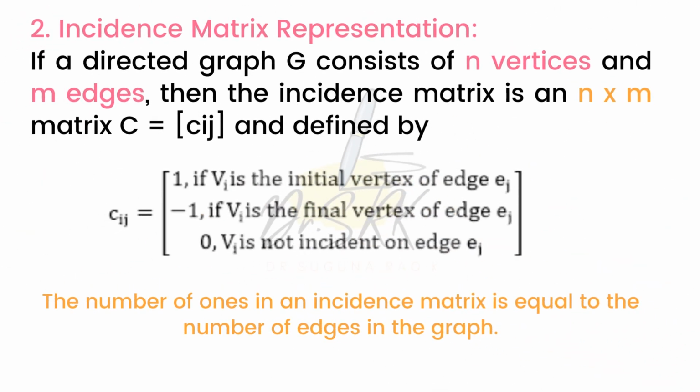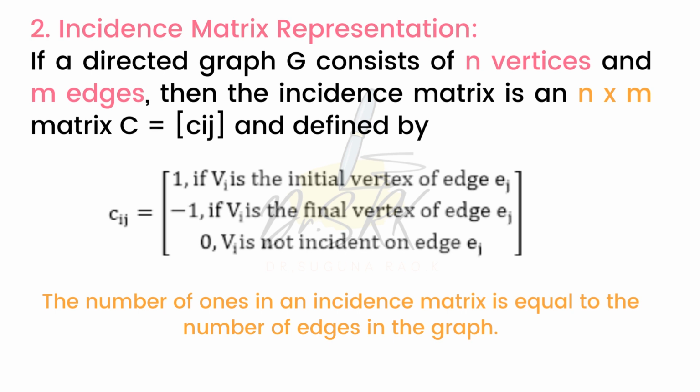Next, the second way of representation is incidence matrix representation for directed graph. If a directed graph G consists of n vertices and m edges, then the incidence matrix is an n by m matrix C, and is defined where Cij is equal to 1 if Vi is the initial vertex of an edge Ej.